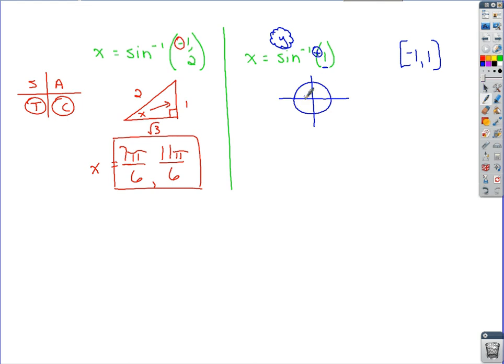The only place that's going to be is up here, where our point would be 0, 1, and at that point, the radian measure would be pi over 2. So in the end here, we have 3 solutions to the original equation.